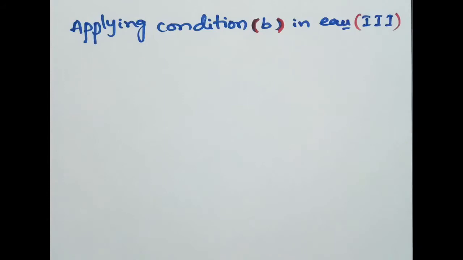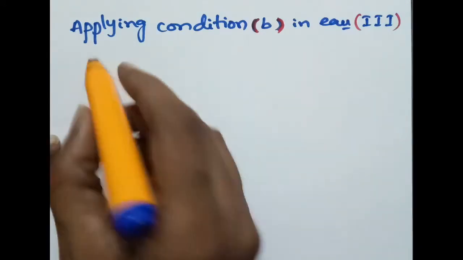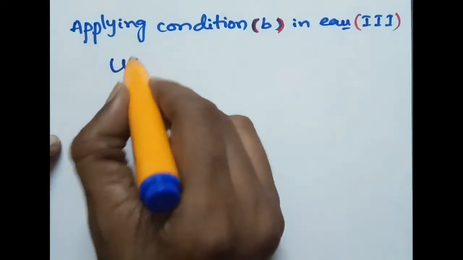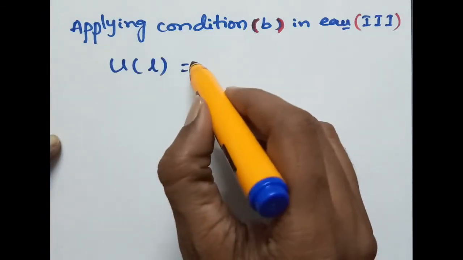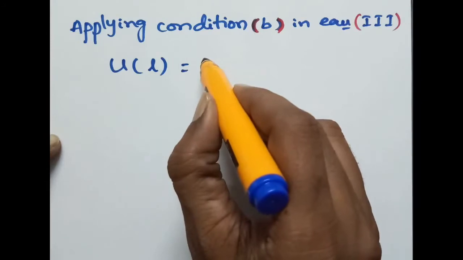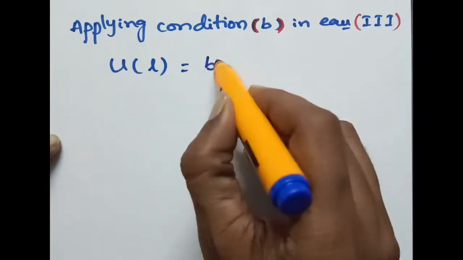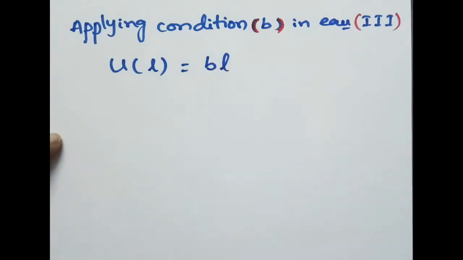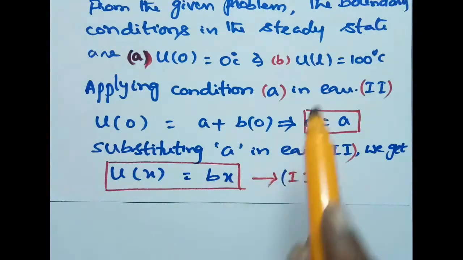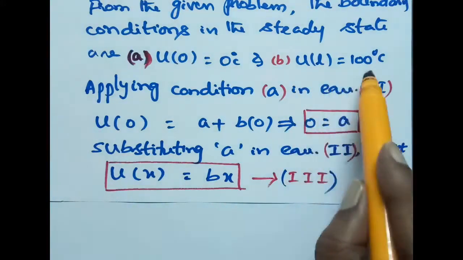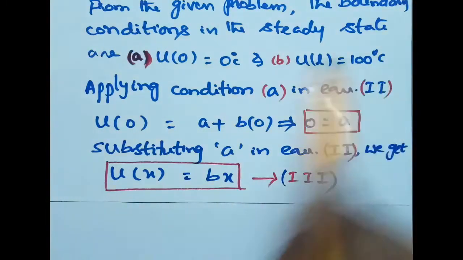u(L) = b·L. Here we substituted x = L. Now we have to substitute u(L) = 100.